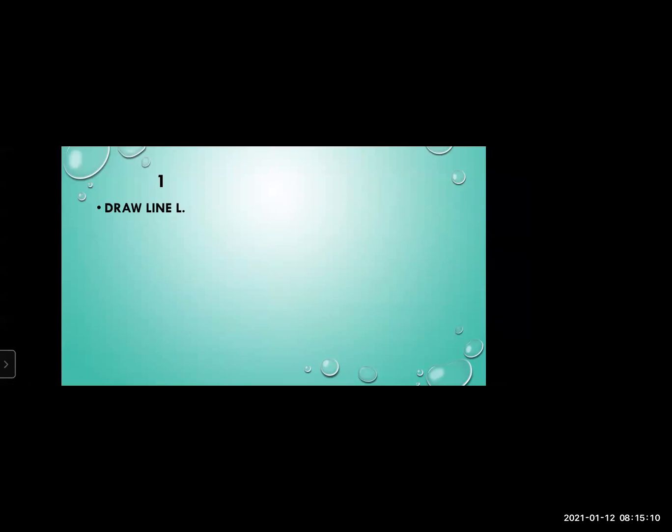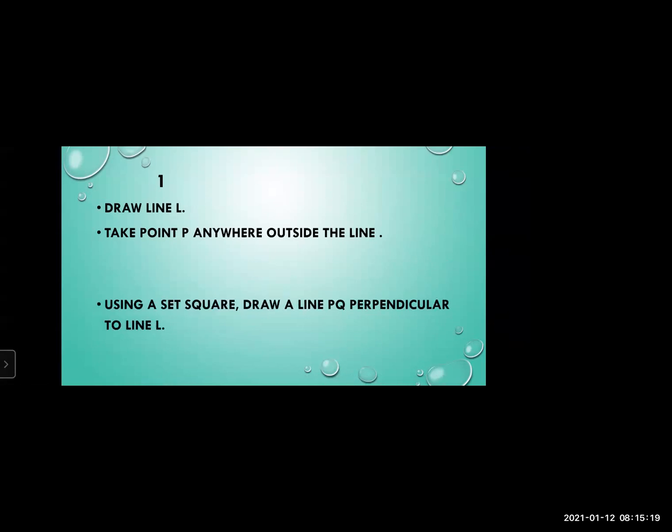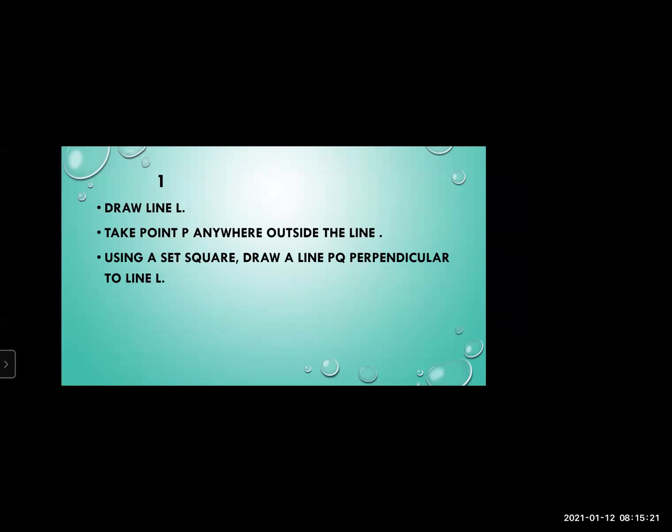Now first we have to draw line L. Then afterwards, take point P anywhere outside the line. But which geometrical tool do we have to use now? We have to use a set square.